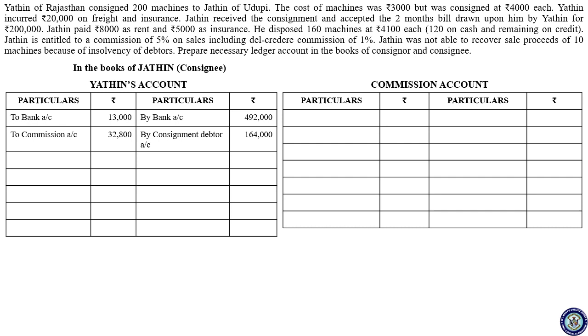So earlier you have drawn the bill for 2 months. So it is two bills payable. Difference to bank account. So same thing. That is the consignee account's total, and the difference is of consignee's account only, because consignee account is liable to pay 4,10,200. The same figure you have to get in the consignor's account also.